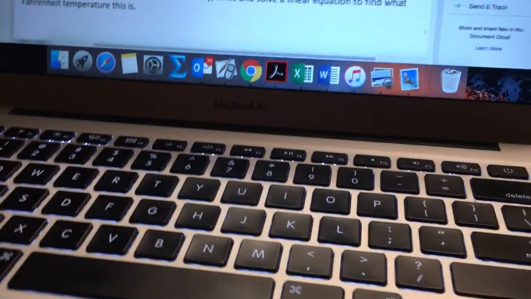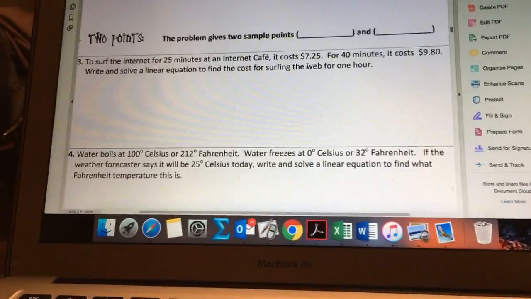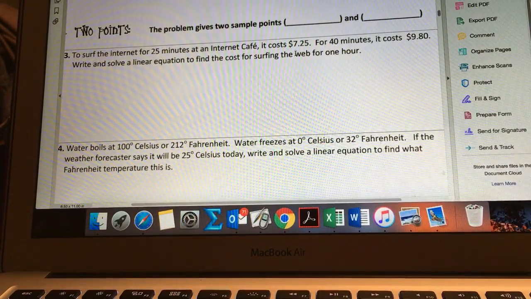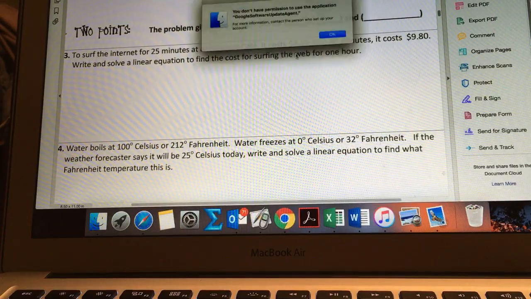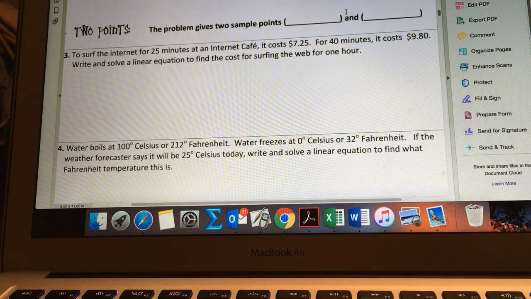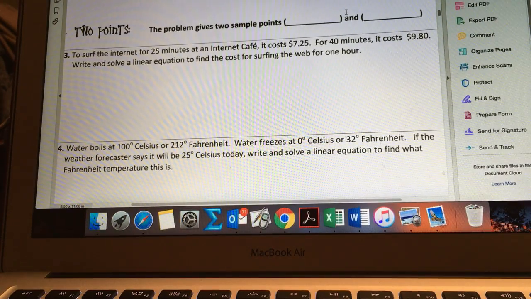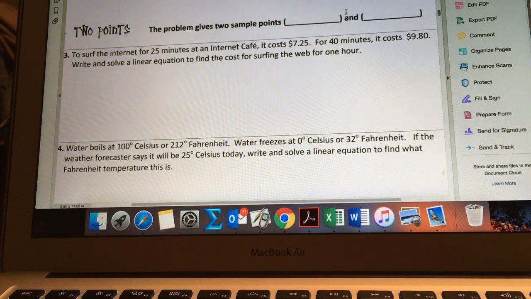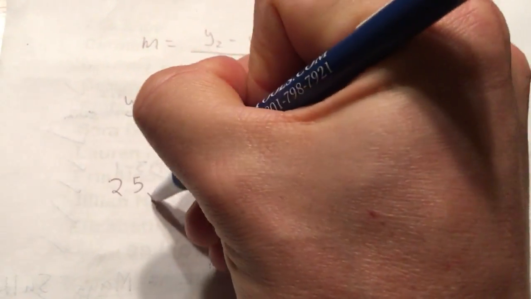So let's solve this one right here. For number 13, to surf the internet for 25 minutes, it costs $7.25. That's our first point, our x1, y1: 25, $7.25.